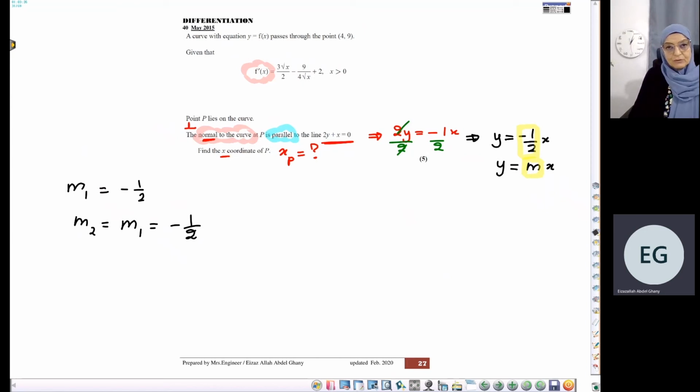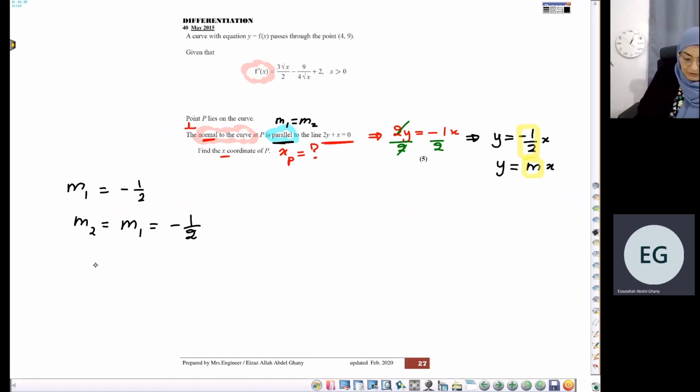Okay, we'll understand the word normal afterwards. Take care of the word parallel. It means both of them have the same gradient. This gradient is negative half, and the normal is also having a gradient of negative half. But it's normal to the curve, not tangent. Normal means it's perpendicular to the tangent.